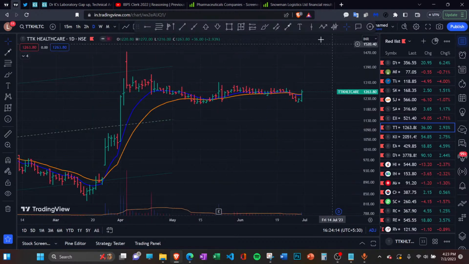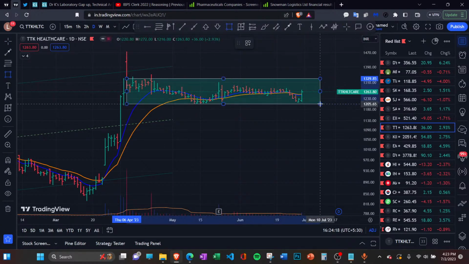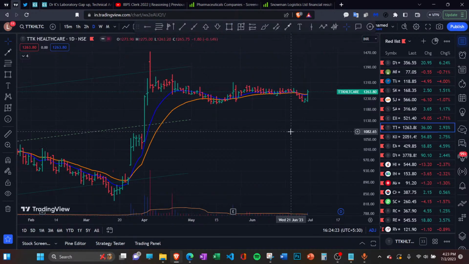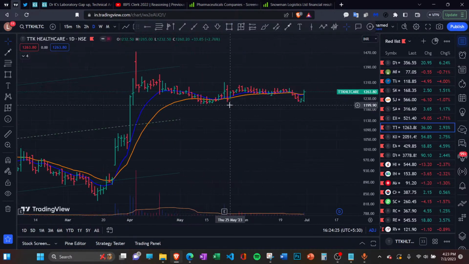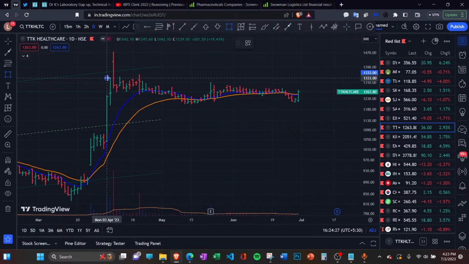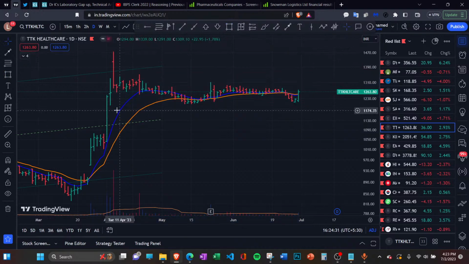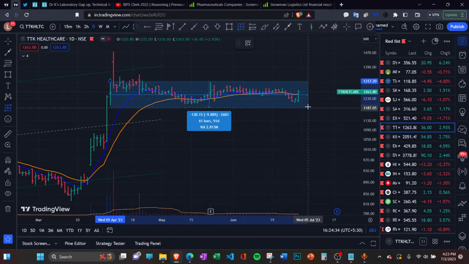So this is another example, I was just going through charts, of a tight range happening. I'll share this watch list that I have here. You can see what kind of violent move it can give once it breaks out. TTK Healthcare, right? You can clearly see the range, and how much is the range?